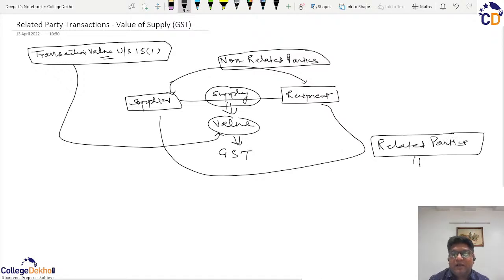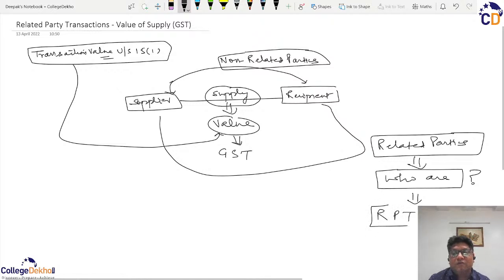When we define who is a related party, any transaction between two such parties will be known as a related party transaction. If we are able to underline the meaning of the word related party, we will term those transactions as RPT, related party transactions.